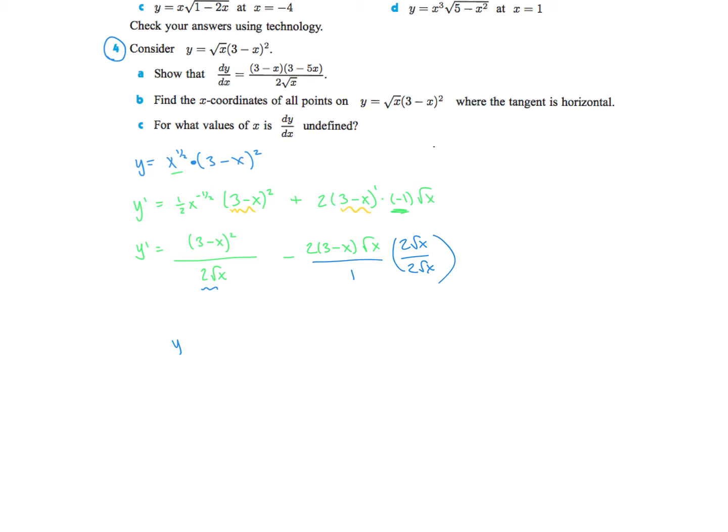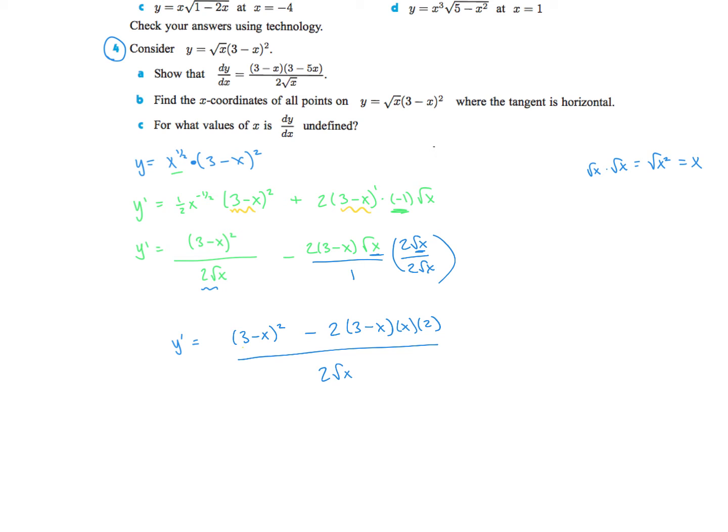Okay, so again, I have 3 minus x squared minus 2 times 3 minus x, and then root x times root x is x, because root x times root x is root x squared, which is just x, okay? And then also times 2, and this will be all over 2 root x, okay?